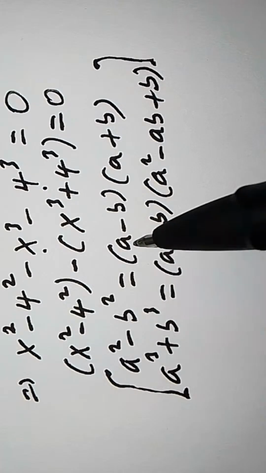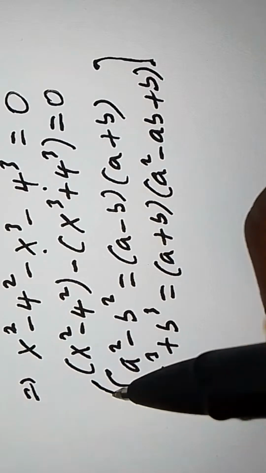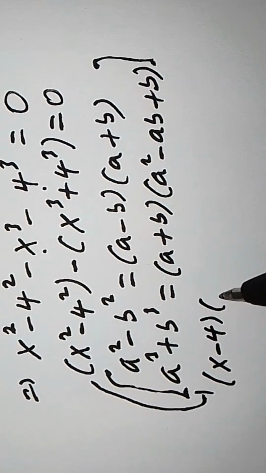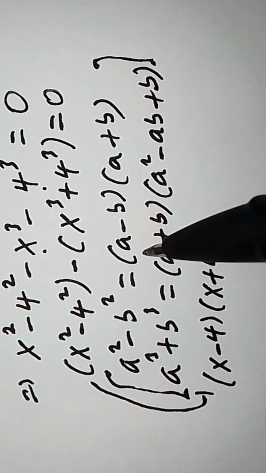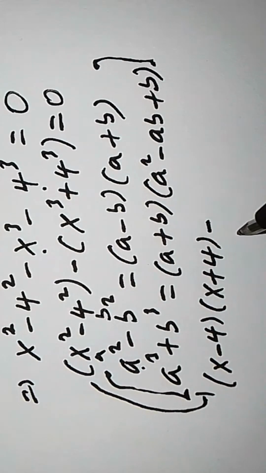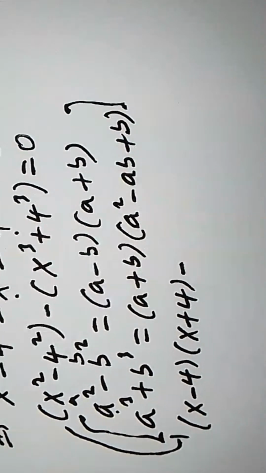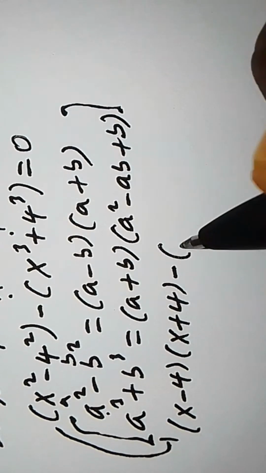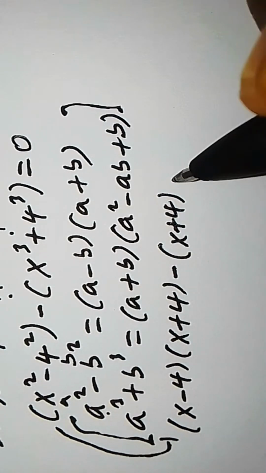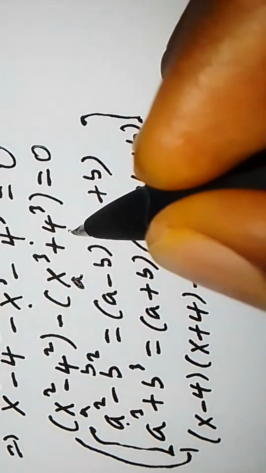Now, we apply each of these properties to this guy. Consider this first property, a squared minus b squared. If we apply it to this guy, we are going to have x minus 4 times x plus 4. That is, our a is x and b is 4. Minus, applying this second property to this guy, we are going to have x plus 4 times, that is, our a is x and our b is 4.